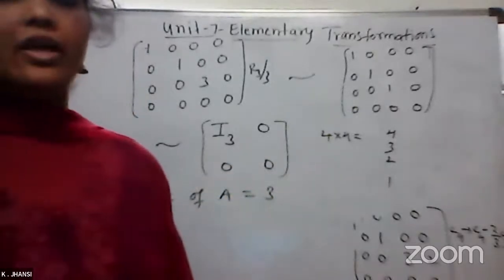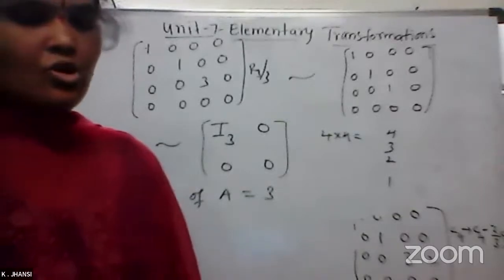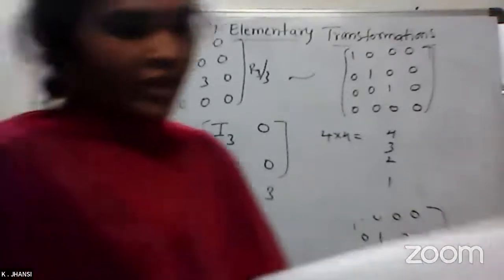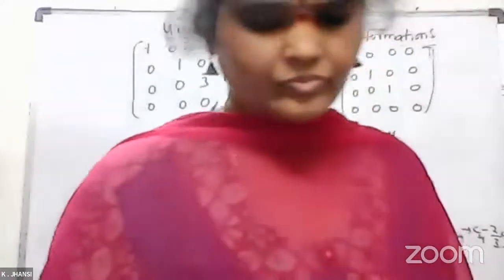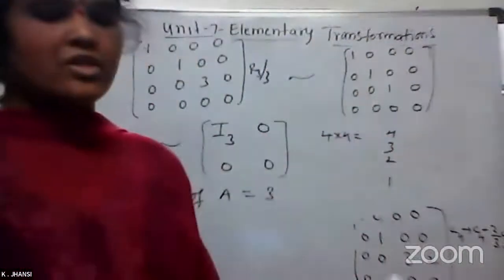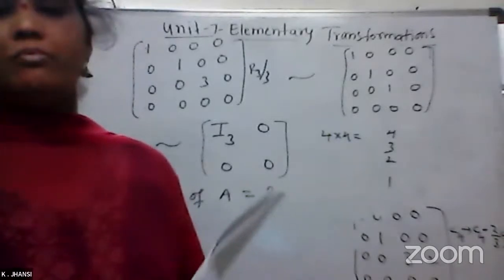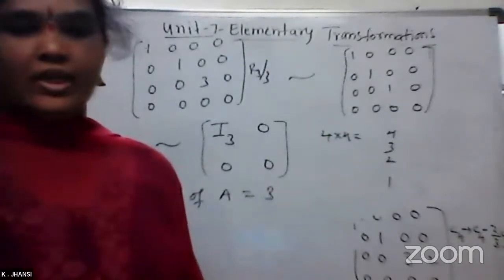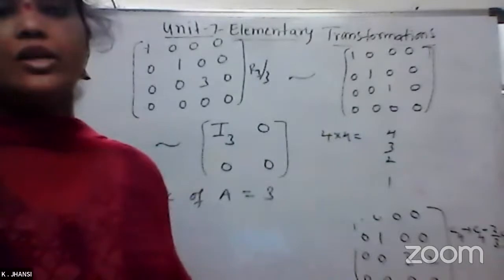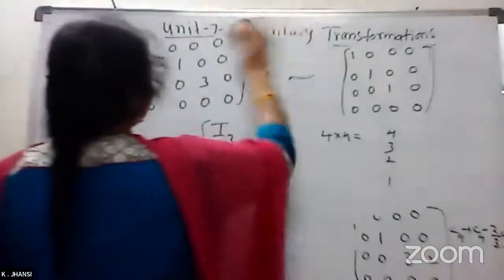So like that you will get multiple choice questions also. So this is the 7th unit. In this we have echelon form conversion, finding the rank, and also reducing to normal form. If you see unit 8, it is the system of linear equations.